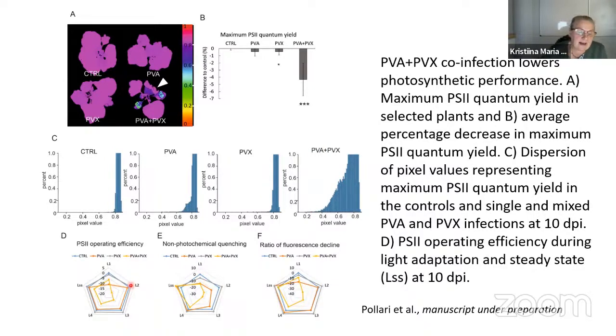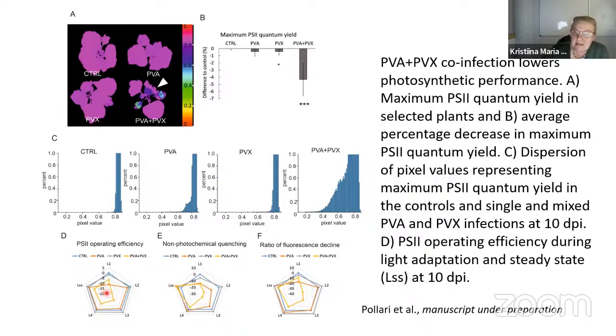And in these radar plots, we can see that the operating efficiency, the photosynthetic efficiency, non-photochemical quenching, and many other parameters change in these double infections, which is marked here with this yellow shape in these radar plots.